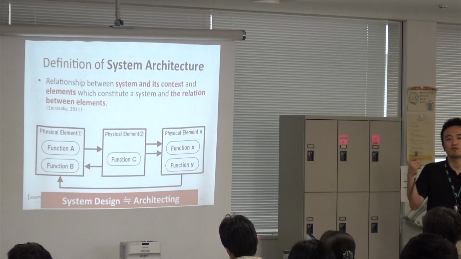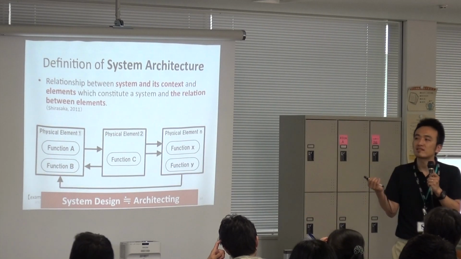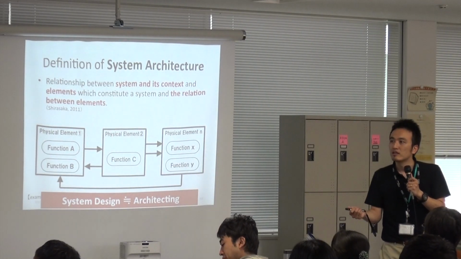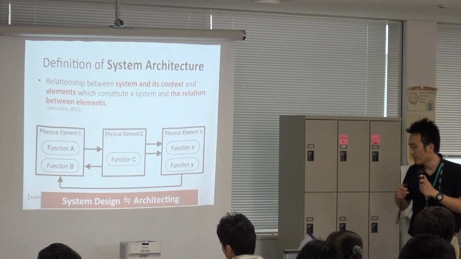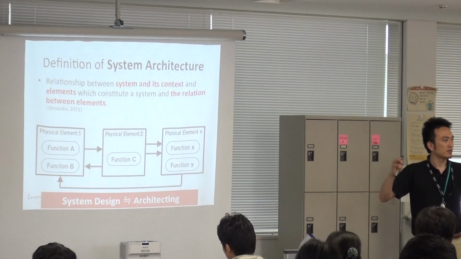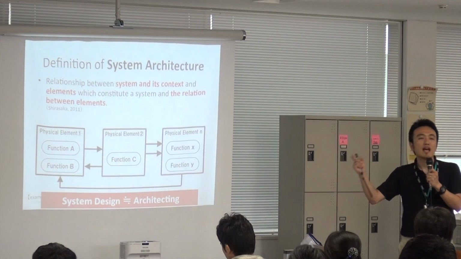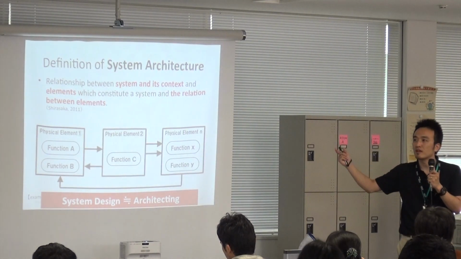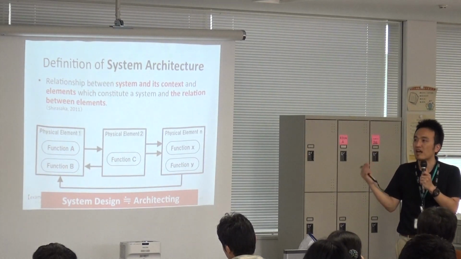You decide what functions to have, and you decide which physical elements have those functions. All right? So that's your choice. I hope now you're feeling you have more degrees of freedom in choosing the design option. Not only the physical design options, now you have a functional design option, you have an allocation design option, and you have a physical design option.